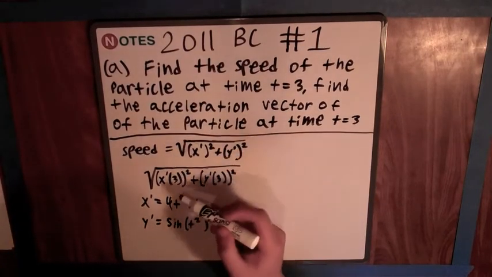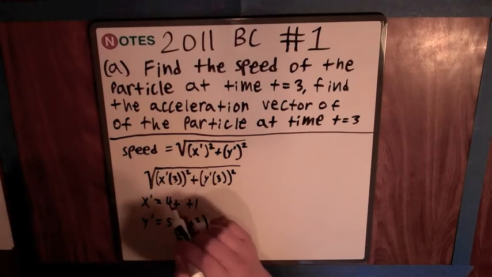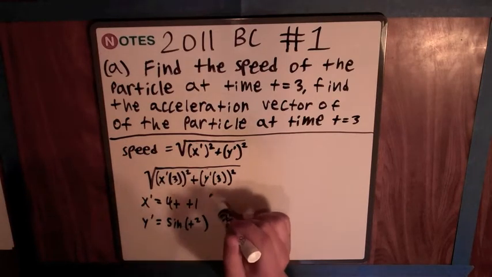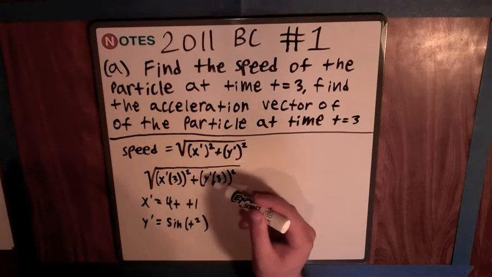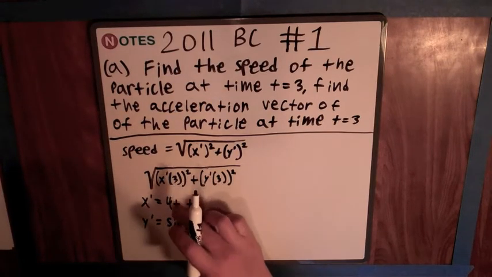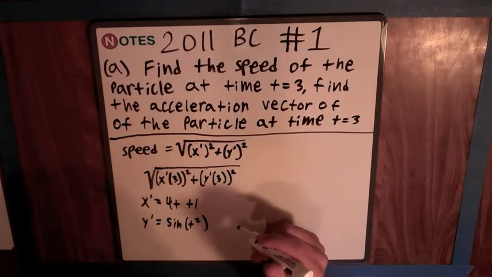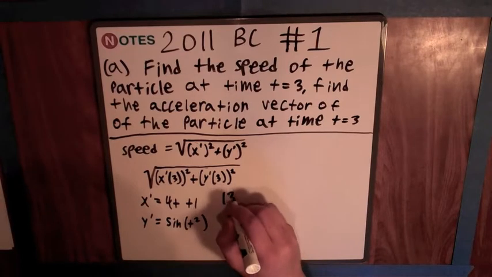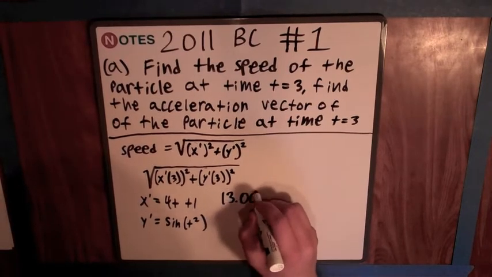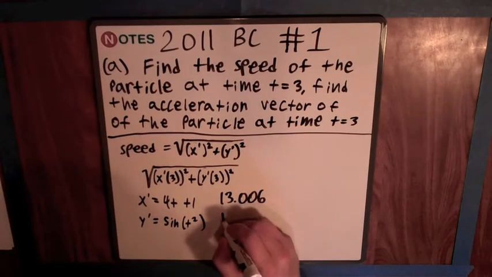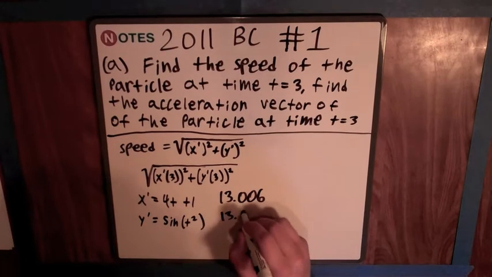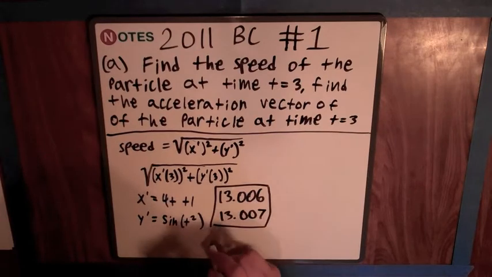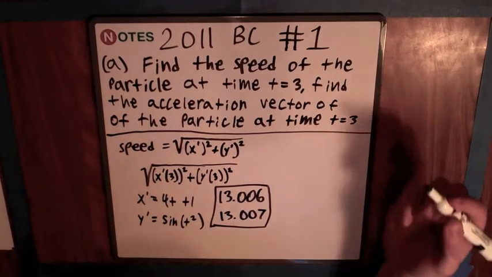So I'm going to plug 3 into this value, and then take y prime, plug in 3 for t, and take the square of both. And plug that in your calculator, and you'll get a final answer of either 13.006 or 13.007. That was the first part.